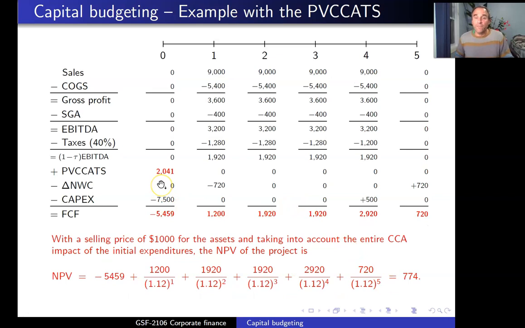If we take into account the full present value of the CCA tax shield, we obtain a net present value that is lower than the net present value with a fraction of the CCA tax shield, because the full present value of the CCA tax shield computes a reduction in CCA depreciation that will be applied to sales before calculating taxes as of year 5, year 6, year 7, and on forever.